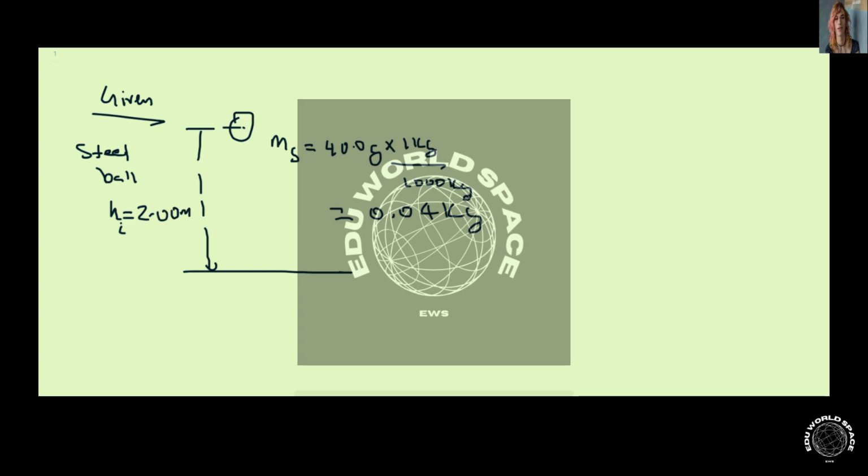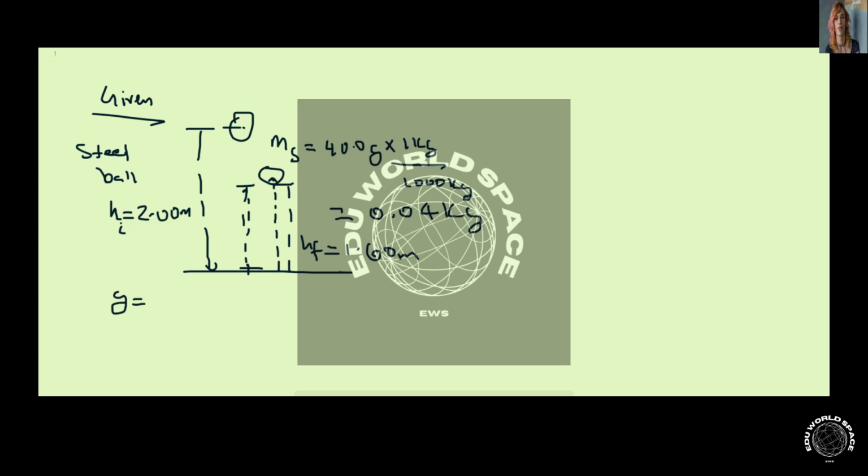And then it bounces off and goes up to a new height. This is the new height. Final height happens to be 1.60 meters. So that's the final height that it's bouncing.